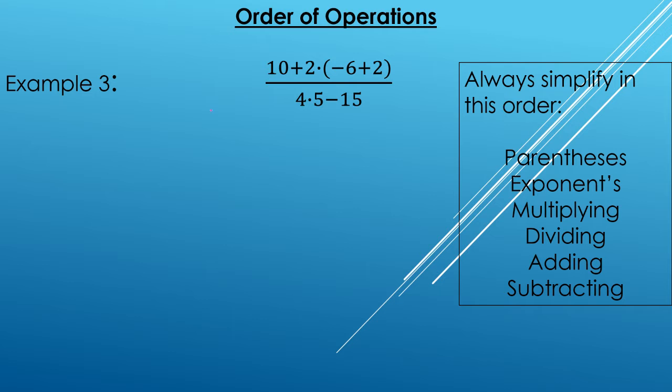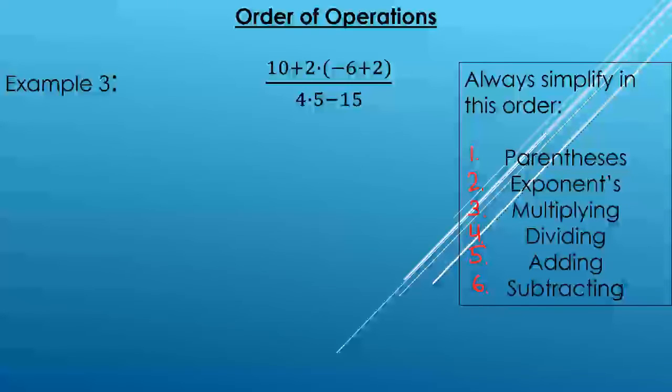Okay, now order of operations. So this is the best way to always do your simplifying of an expression. The order of operations is in this box here. Start at the top and work down as you go. So if there's parentheses in the problem, always start with that.